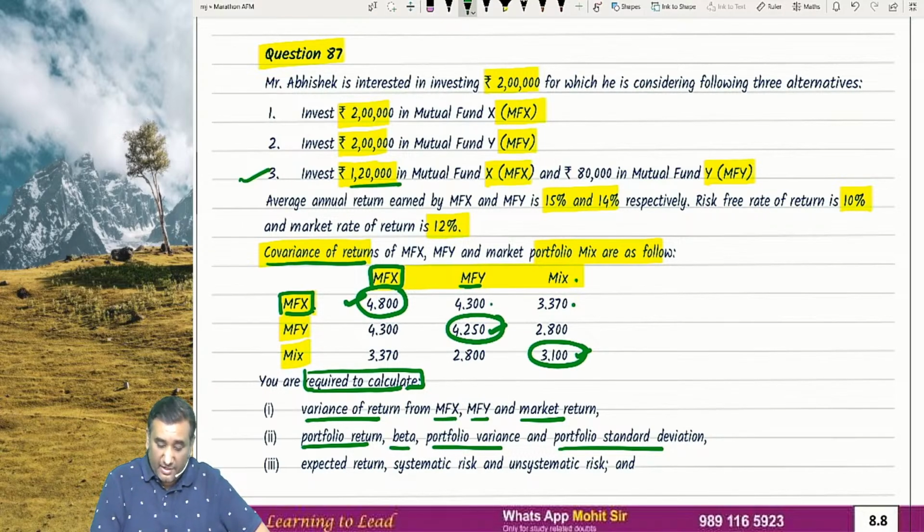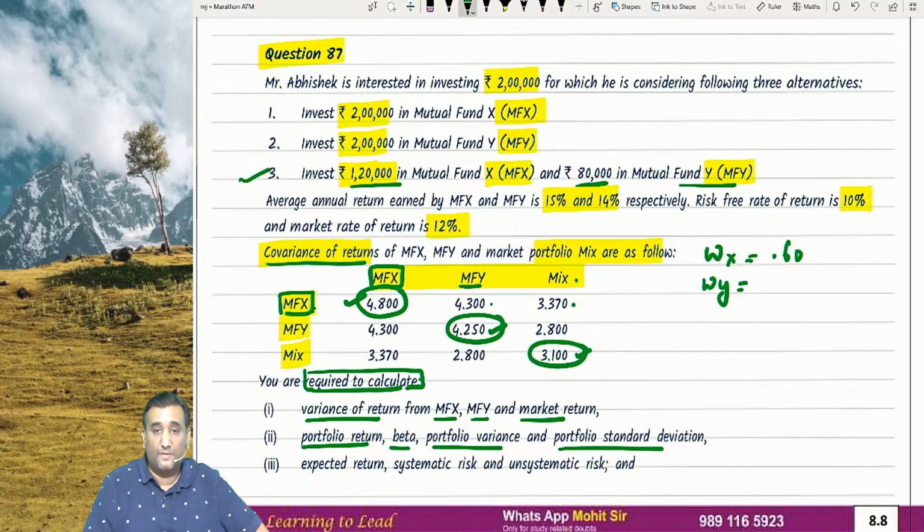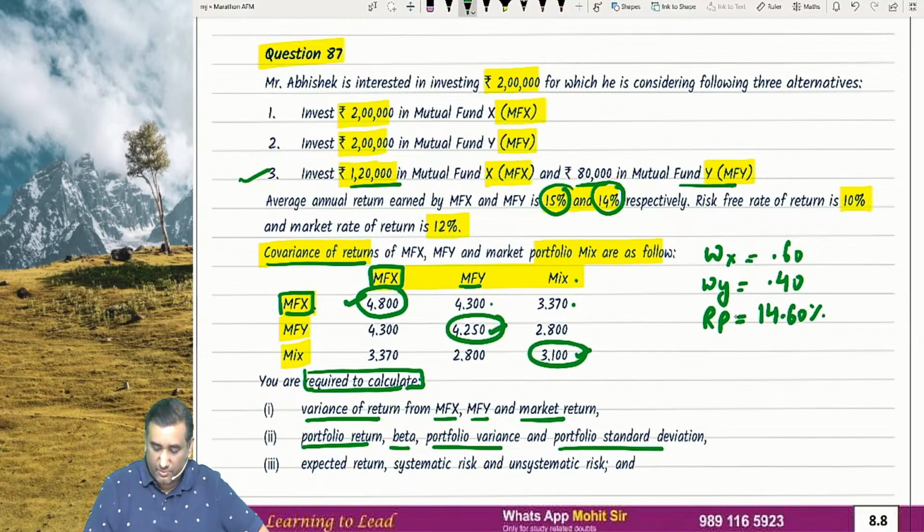In this case, let me calculate the weight of X: 1,20,000 by 2 lakh is 0.60. Weight of Y would be 80,000 divided by 2 lakh, 0.40. And return: 15% into 0.6, 14% into 0.4. So what is the return of the portfolio?